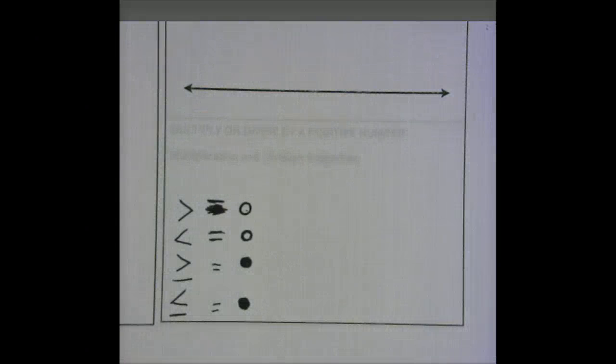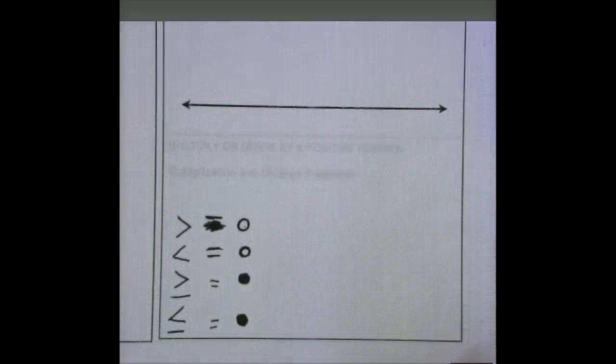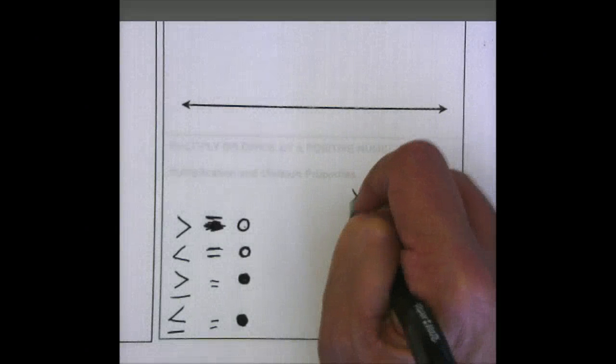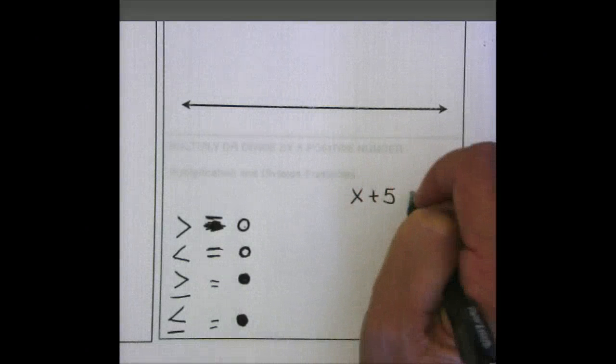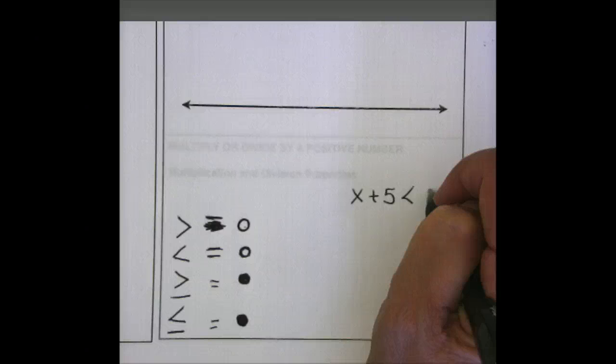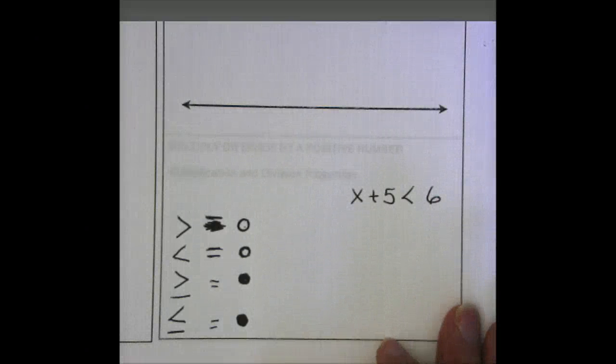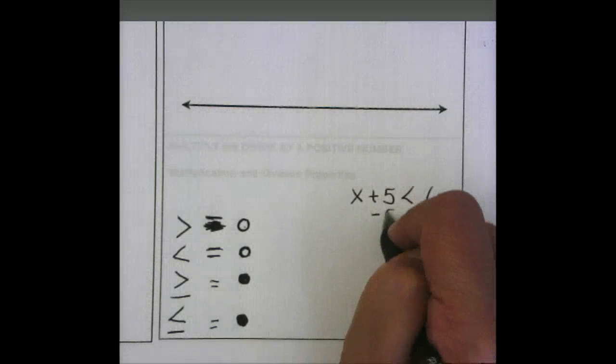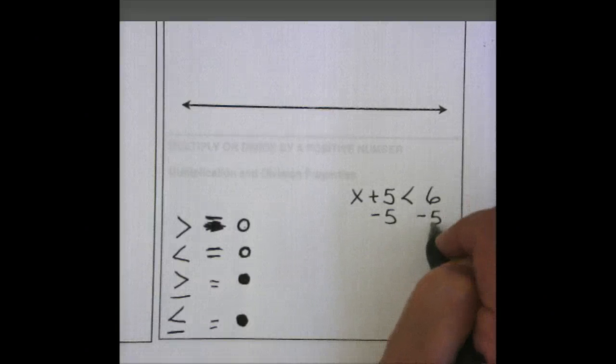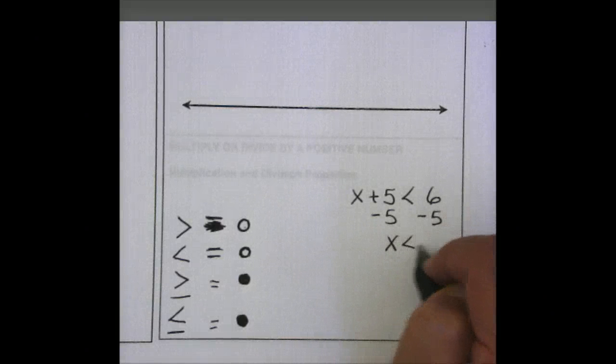Now, as long as your variable is on the left side of your inequality, these are going to be real simple to do. So let's look at a simple inequality. Let's look at x plus 5 is less than 6. Now, we know that we need to subtract 5 from both sides, and we get x is less than 1.